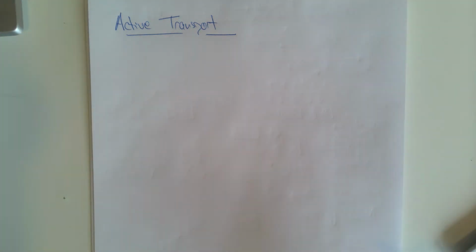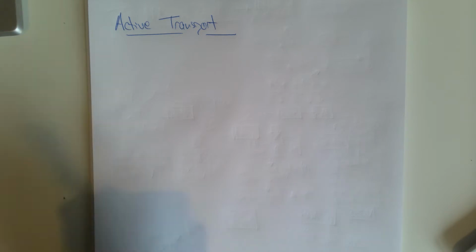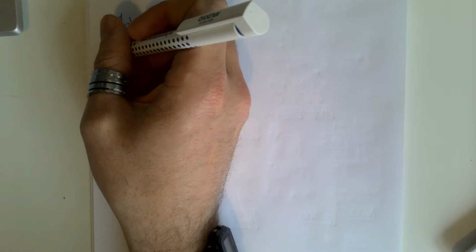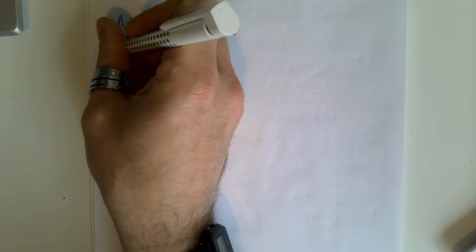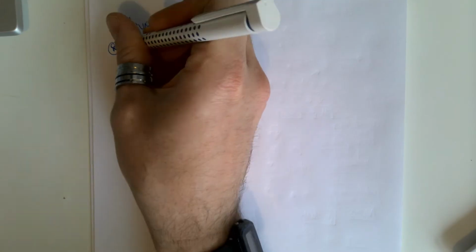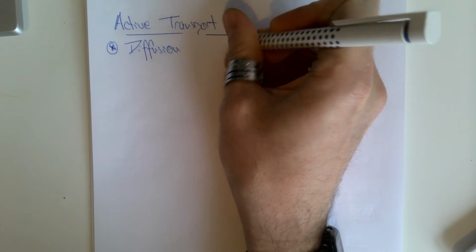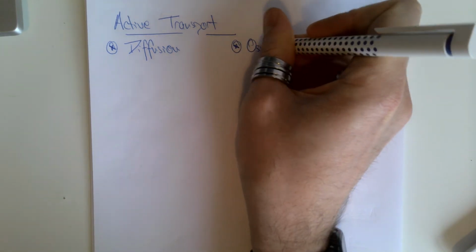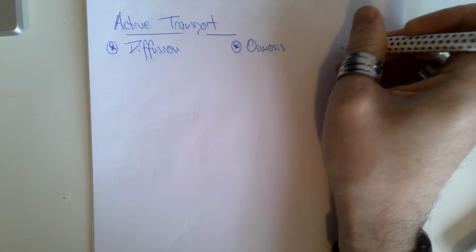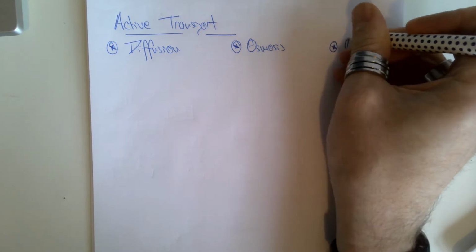So, welcome to our tutorial, just reviewing the ideas around cell transport and specifically the concept of active transport. Whenever it comes to cell transport, there are three processes that you need to be familiar with: diffusion, osmosis, and active transport.